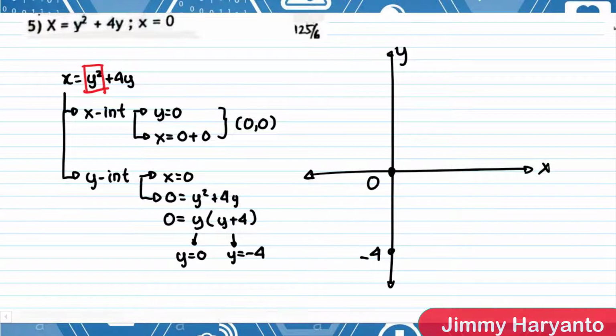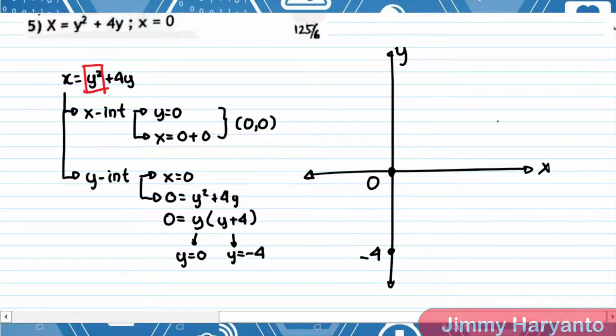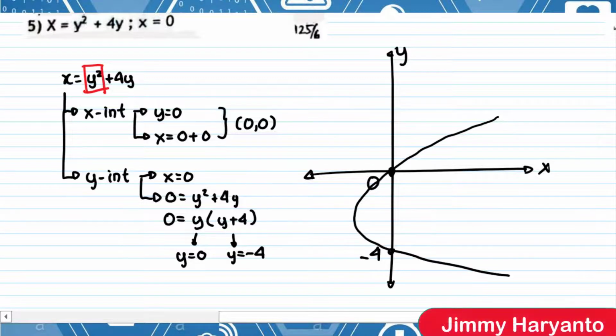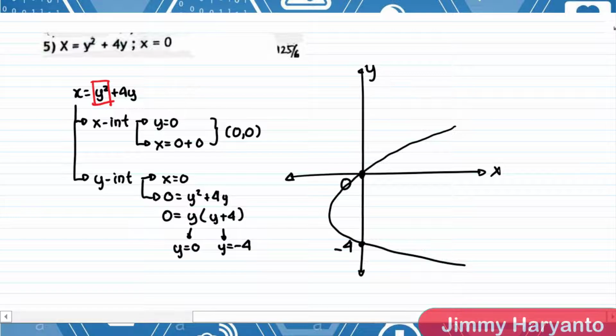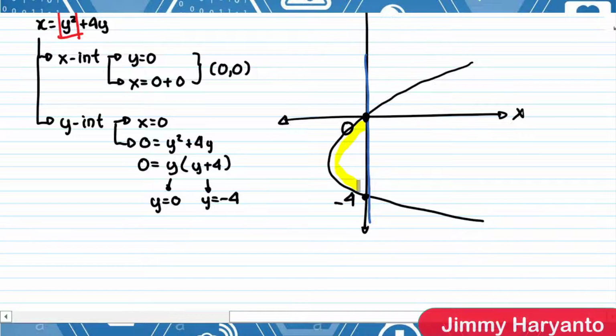The y square is positive. If the y square is positive, that means it will open to the right, like this. Okay, and then don't forget to draw another one. X equals 0 is the y-axis. That means our area is this one.